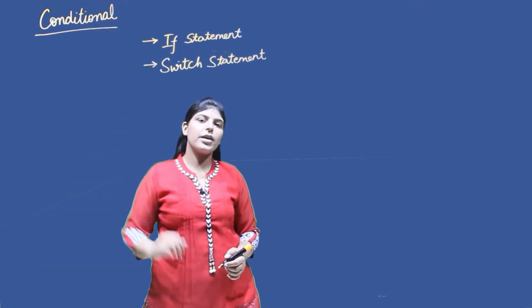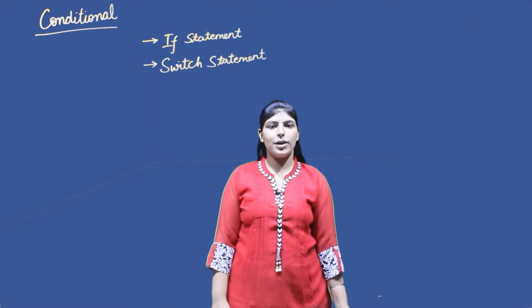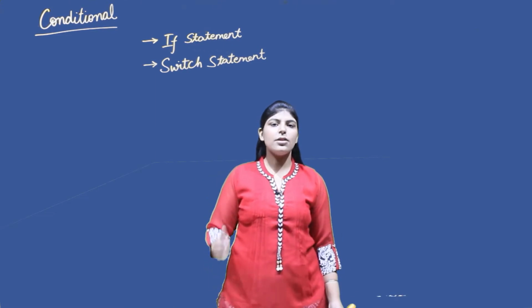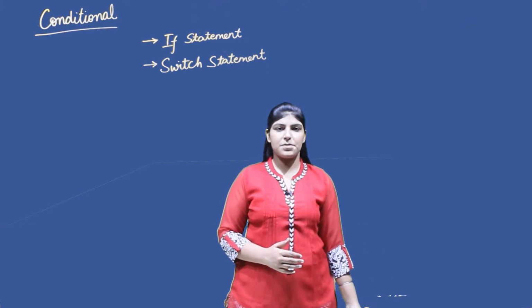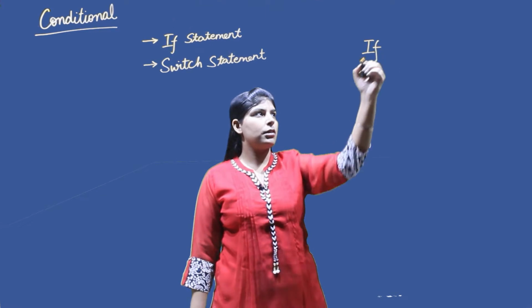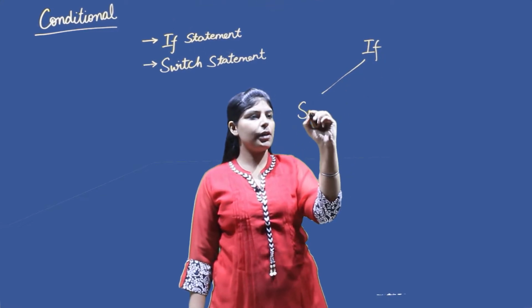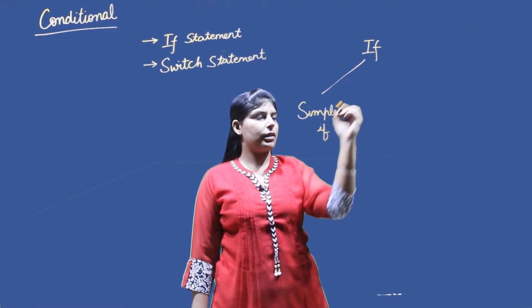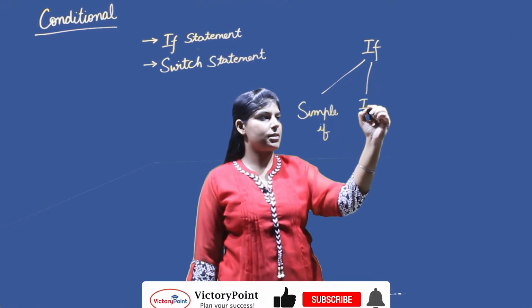In if statement, we are given a condition which evaluates to a Boolean value. The value could either be true or false. Based on this Boolean value, we execute the subsequent statements. We can use if in four different ways. The first one is simple if statement. The next one is if else statement.